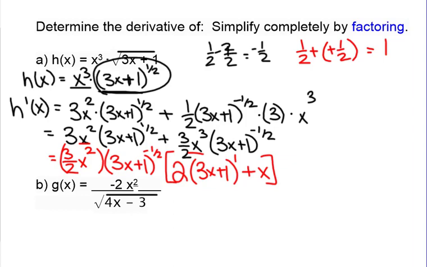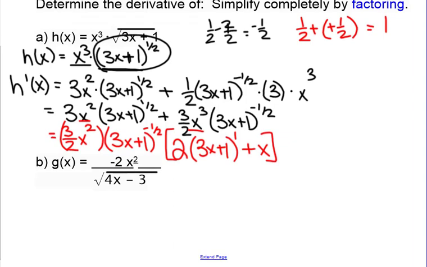Now I'm going to simplify the expression in red. So 3 over 2 x squared, with my common factor of (3x plus 1) to the negative 1/2.